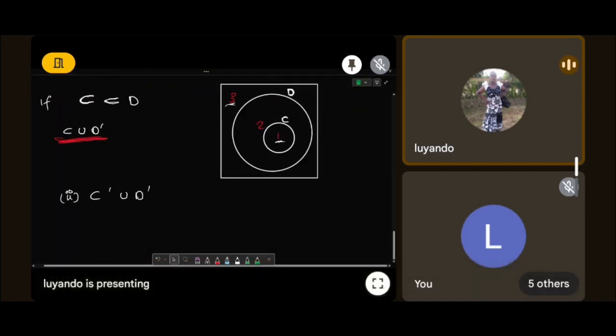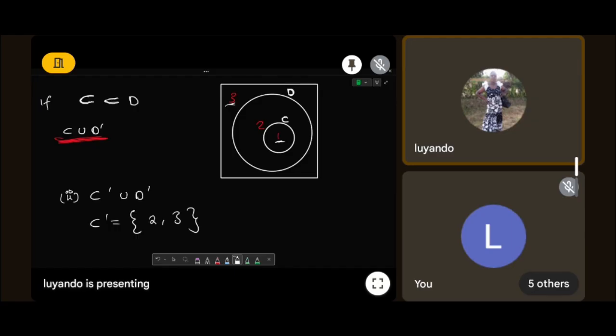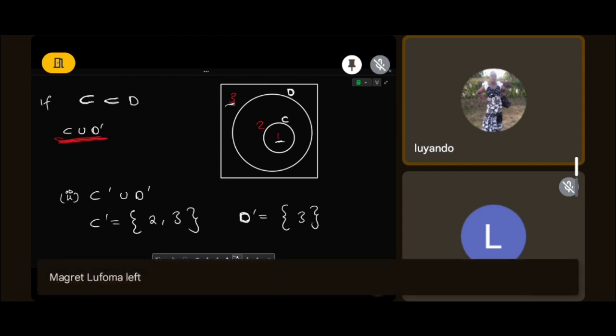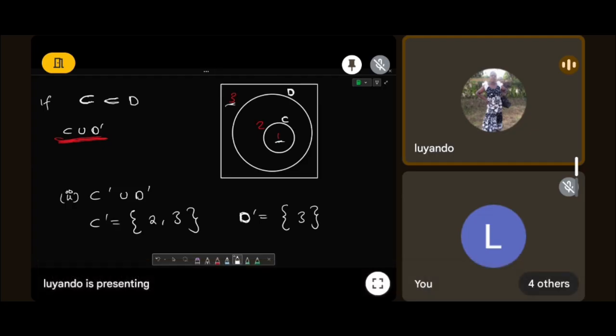So remember the Venn diagram that we have. We take the elements that are in C complement. We find that C complement has 2 and 3. If we take the elements that are in D complement, D complement has just 3, right?